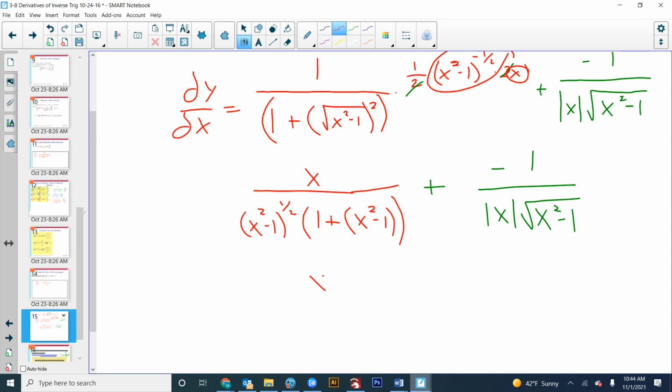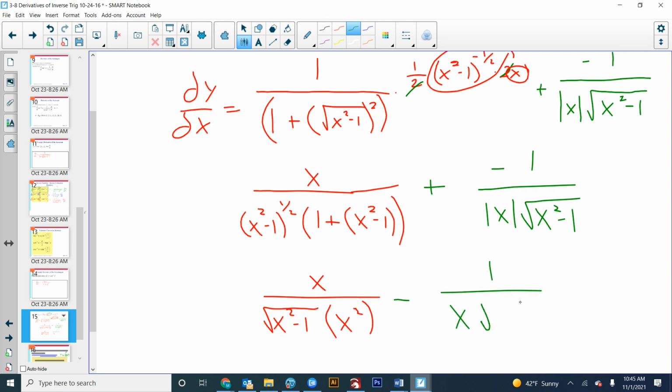We got x over. I'm going to write this as the square root of x squared minus 1 times x squared minus 1 over absolute value x times the square root of x squared minus 1.